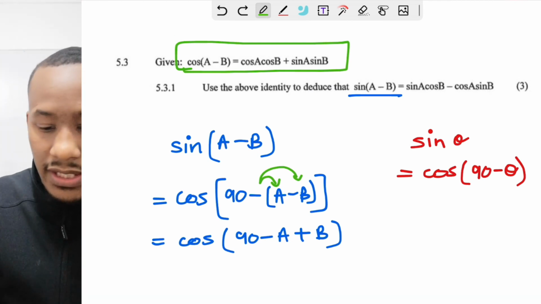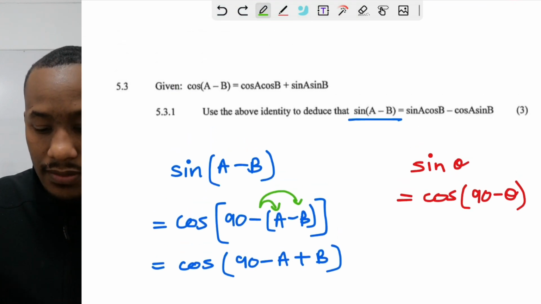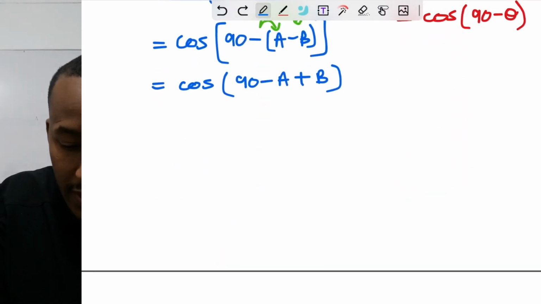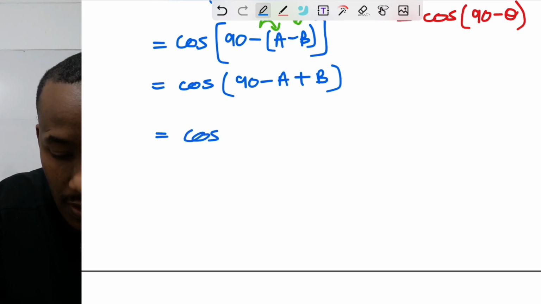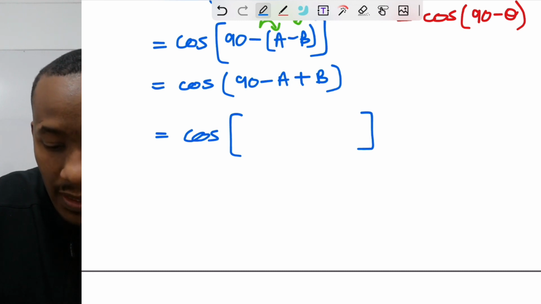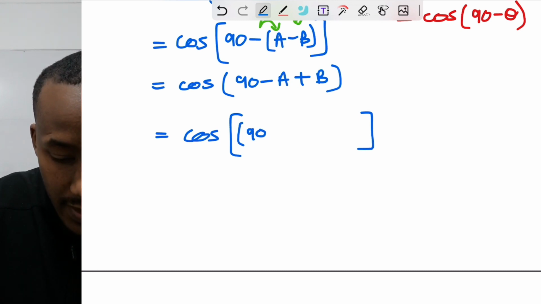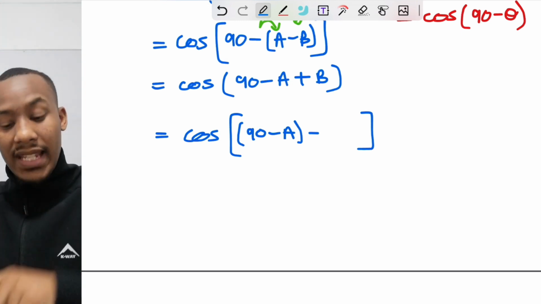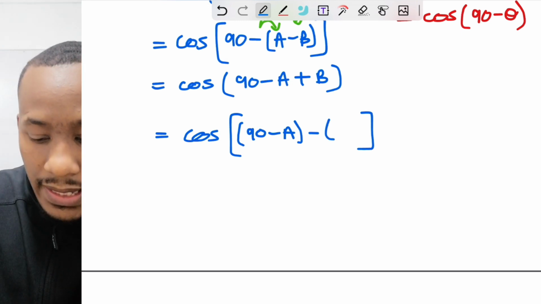I need to write it like that. So I'm going to break it up like this. I'll say cos, so again, let me use bigger brackets. My first angle will be 90 minus A minus my second angle now, which is going to be negative B.